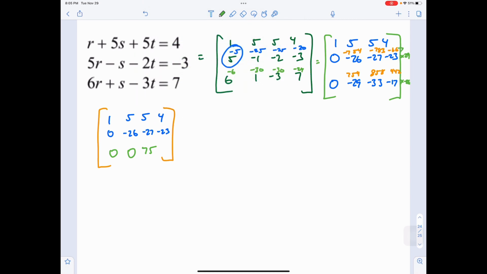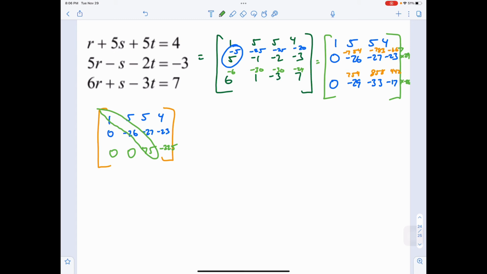That's a 7. So we have negative 667, and we're going to add 442 to it. And that gives us a negative 225. Is that right? 225. Yep, negative 225.